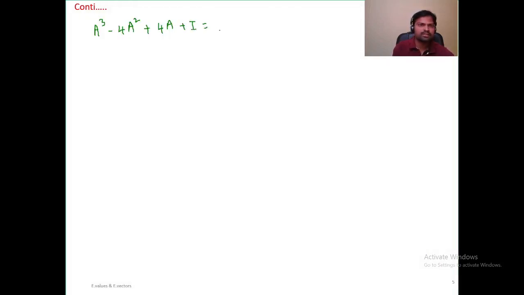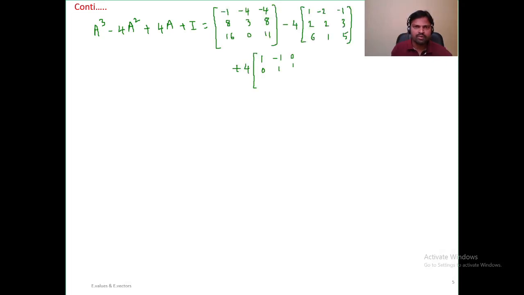It should actually be the null matrix. Let us substitute and find out whether it is the null matrix or not. Next plus I, 1 into I is I only. What is I? The 3 by 3 identity matrix: 1, 0, 0, 0, 1, 0, 0, 0, 1. All the matrices we substituted back; simplify. You should get the null matrix, then only it is verified, otherwise it is not verified.